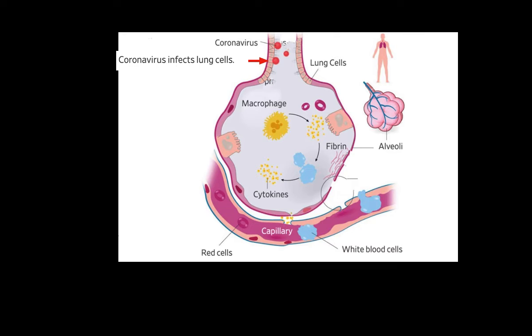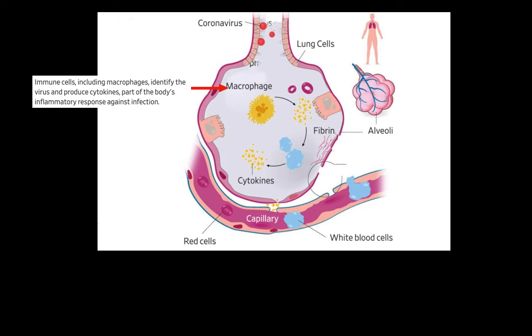The coronavirus enters the small sacs in the lung called alveoli. This slide is representative of a single alveolar cell. It infects the lung cells, gaining entry into them.